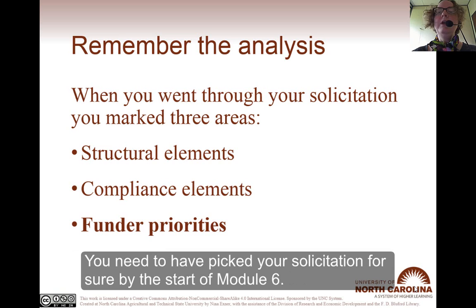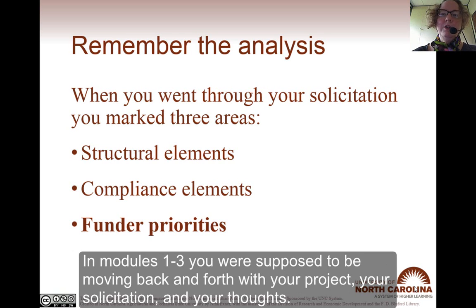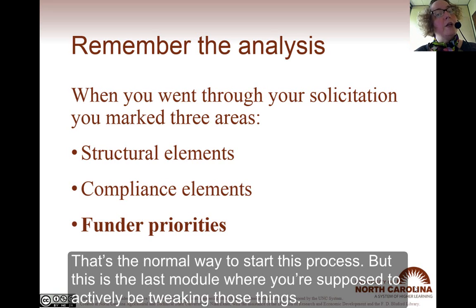You need to have picked your solicitation for sure by the start of Module 6. In Modules 1 to 3, you are supposed to be moving back and forth with your project, your solicitation, and your thoughts. That's the normal way to start this exploration. But this is the last module where you're supposed to be actively tweaking those things.